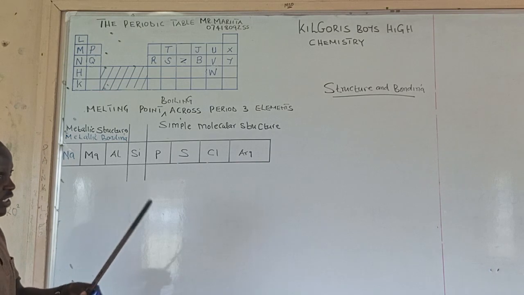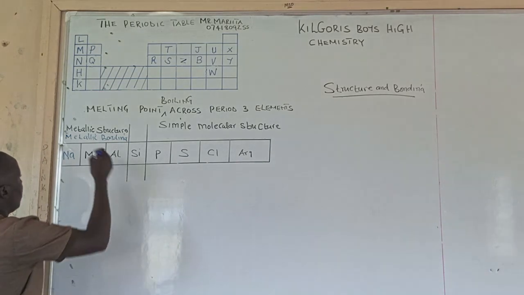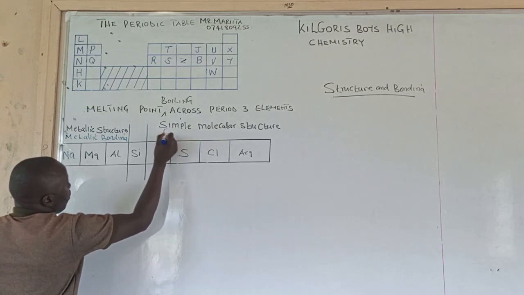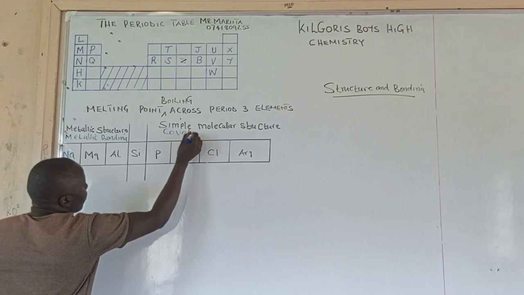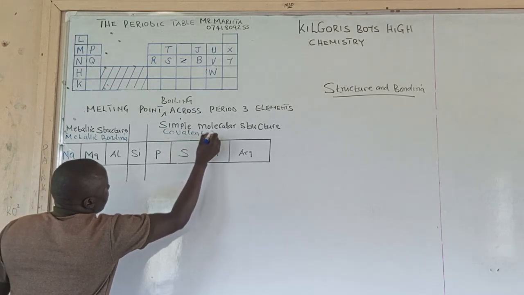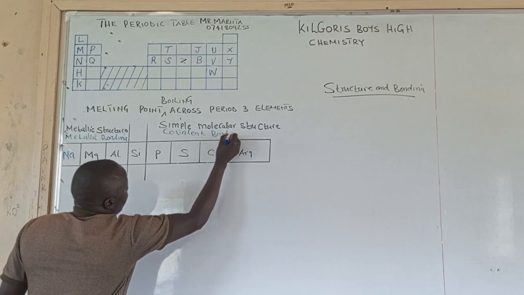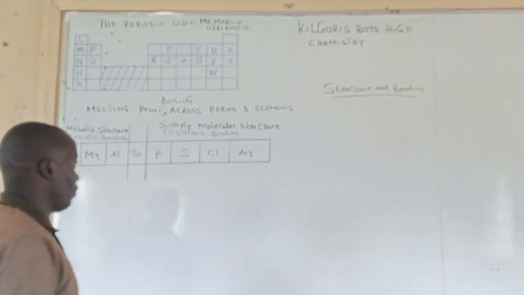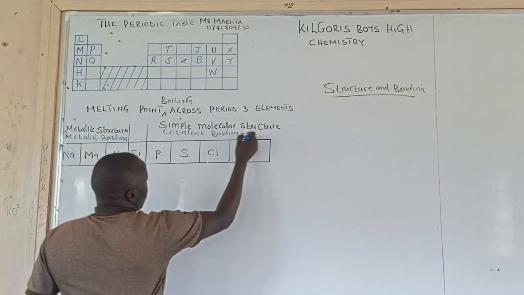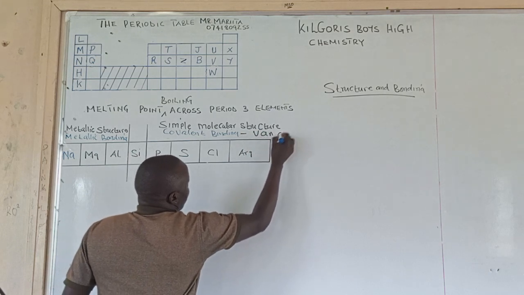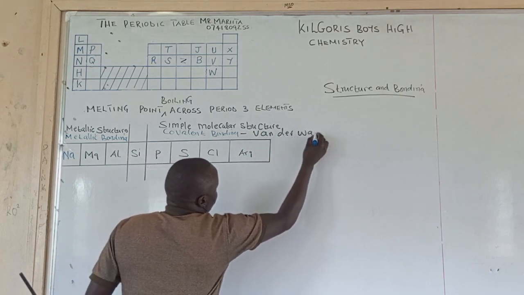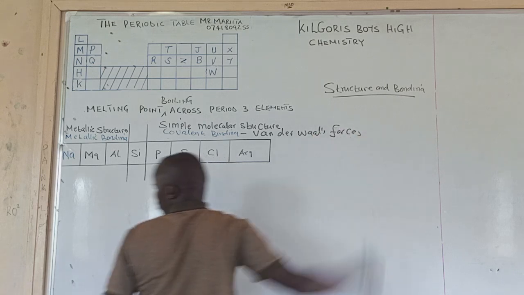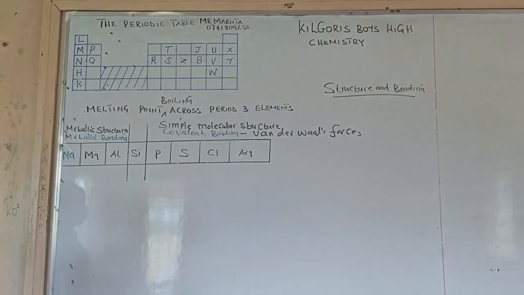In the simple molecular structure, we talk of covalent bonding, in which the atoms within a molecule are held together by covalent bonds, and the molecules are held together by van der Waals forces.